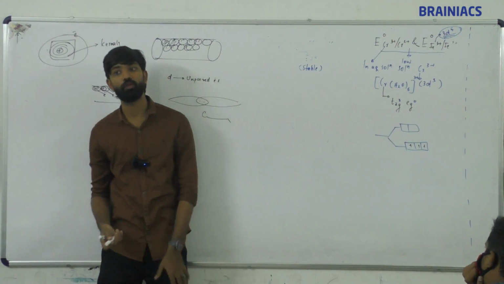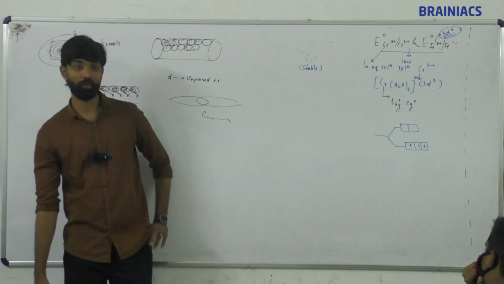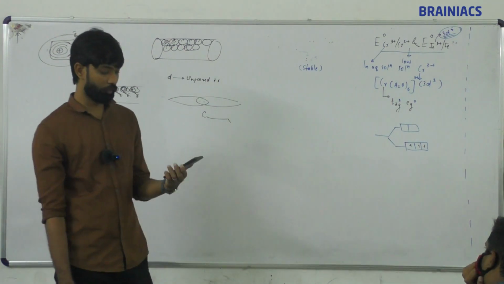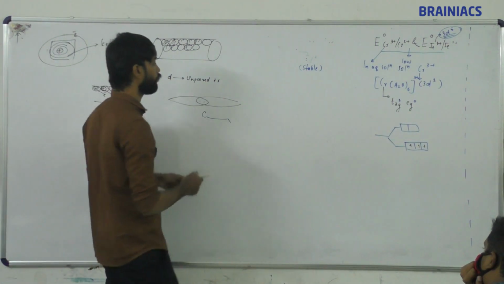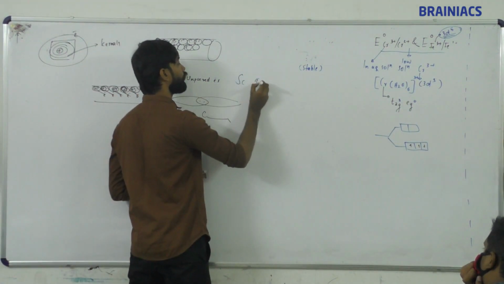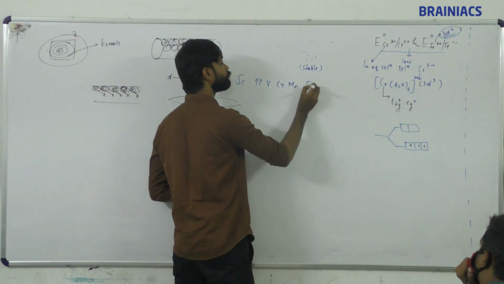And that depends on the availability of free electrons, that is, unpaired electrons. We know that from left to right, what happens to the availability of unpaired electrons?